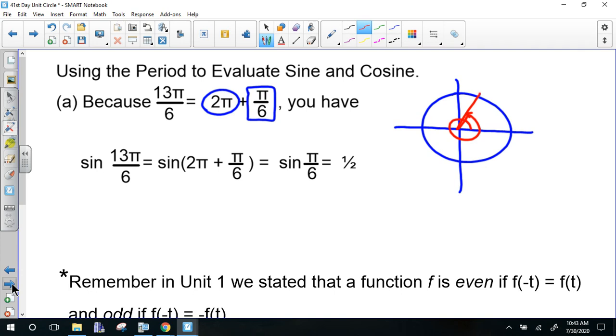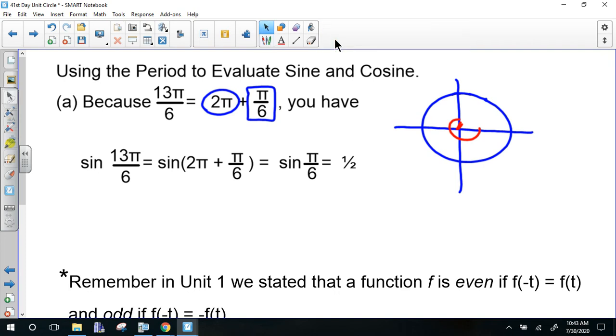And that's at pi over 6. Excuse me, I'm thinking pi over 3. Hang on. Start over here.